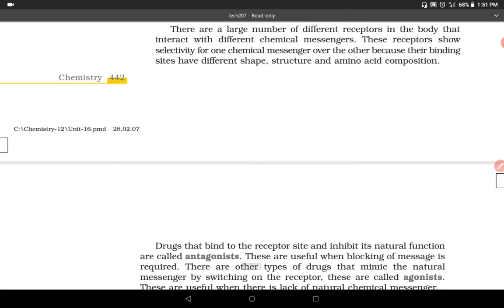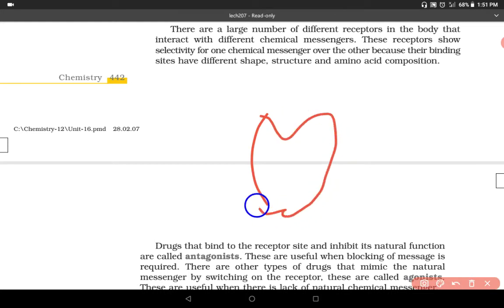There are large number of different receptors in the body that interact with different chemical messengers. These receptors show selectivity for one chemical messenger over the other because their binding sites have different shape, structure, and amino acid composition. If it is one of the receptors found in our hand, and one of the chemical messengers wants to enter this, and that shape is like this, will this enter what we call the receptor?